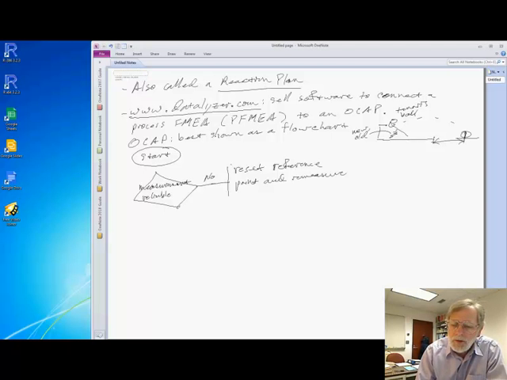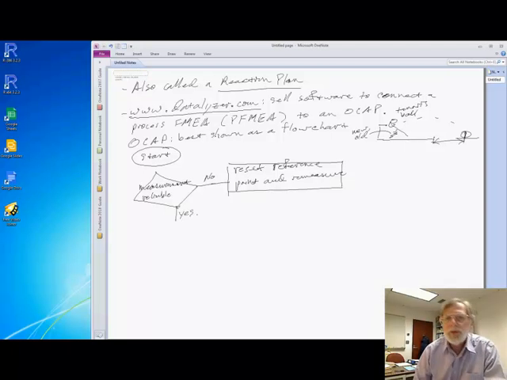So you simply just go ahead and redo the measurement. But let's say the measurement's reliable, so you can't just blame the measuring system.